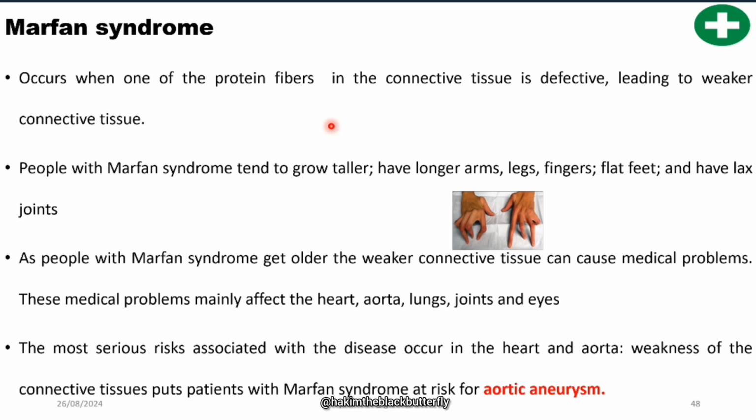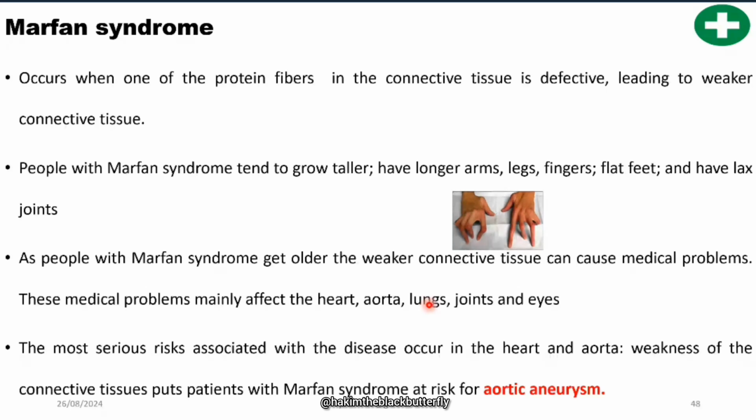That's why in such patients with Marfan syndrome, these individuals are going to have weak connective tissues. For example, blood vessels are made up of connective tissues. Blood vessels are going to be very fragile, prone to injuries. Your lungs are going to be very fragile.